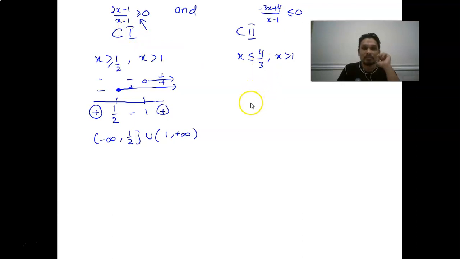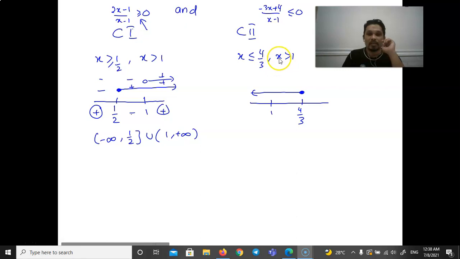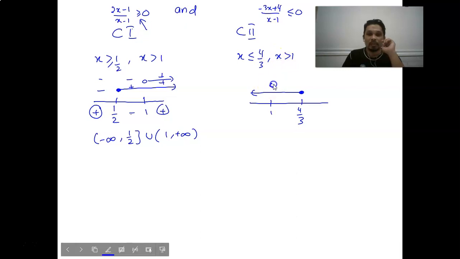And case number 2, 1 and 4 over 3, which is 1 is less than or equal to 4 over 3, and the other one here is greater than 1. Okay, so now we got here positive, negative, positive, positive, negative, positive.